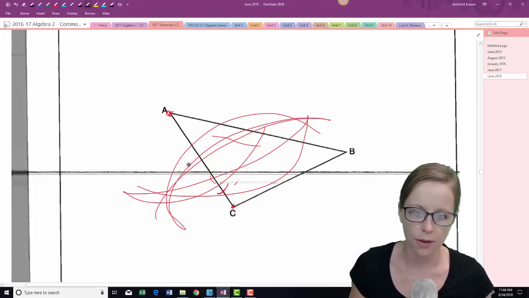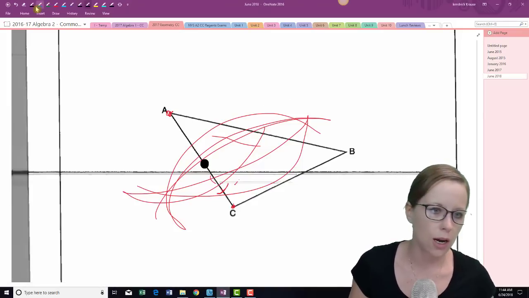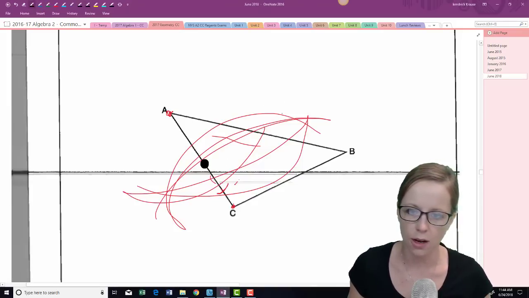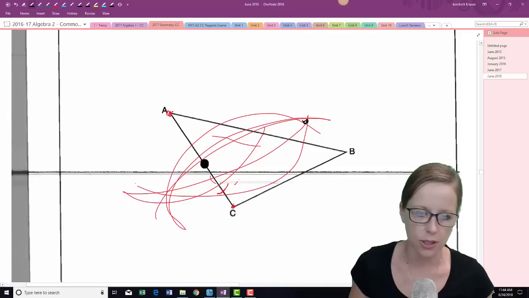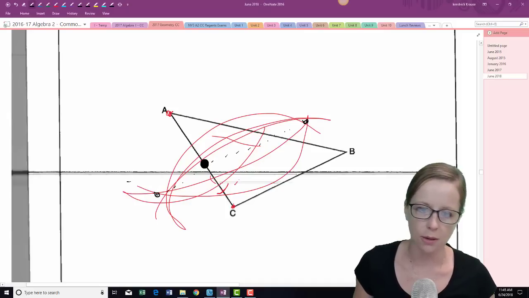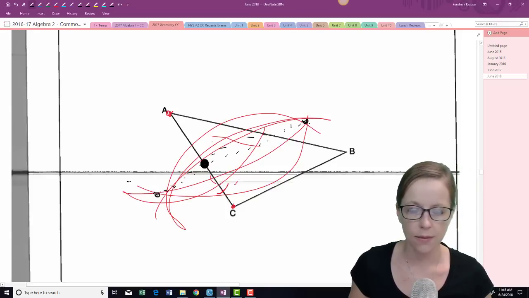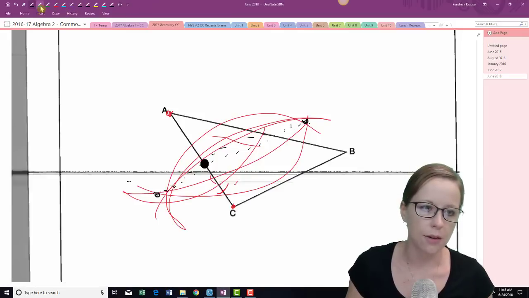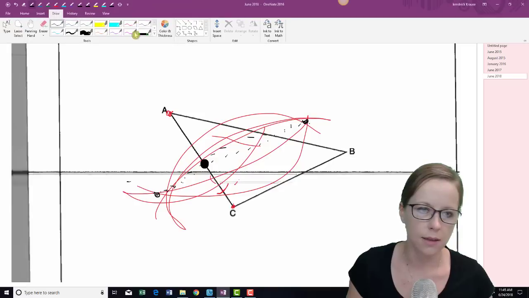Yours is much more beautiful than mine. And it should intersect, and you draw the perpendicular bisector from your intersections here and here. We're going to pretend that's my perpendicular bisector. Then you draw the median from B. Let's see if I can do it on here, if it's not in a graph.